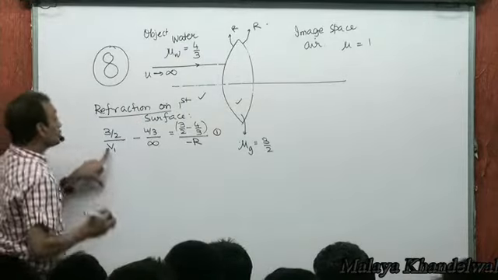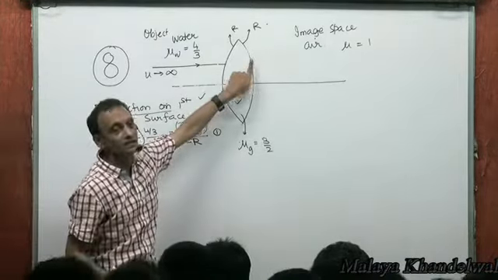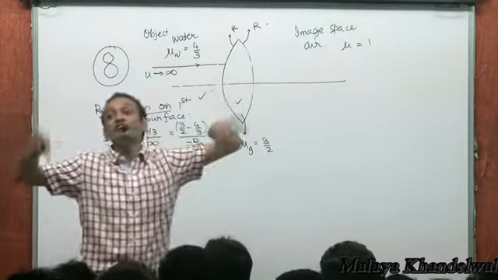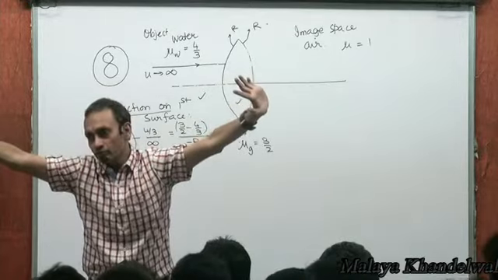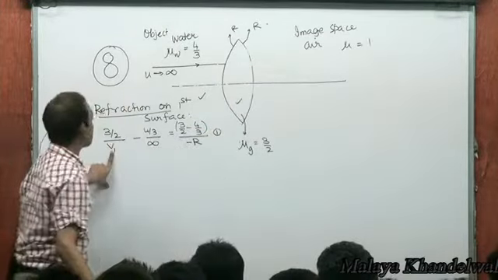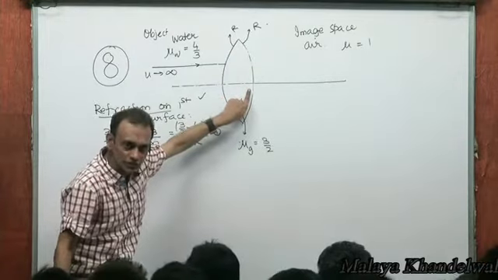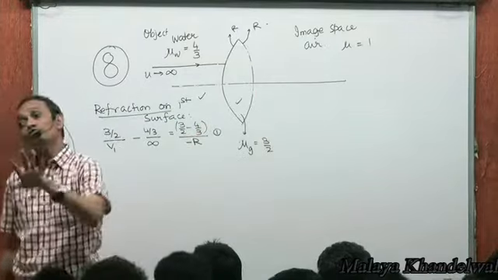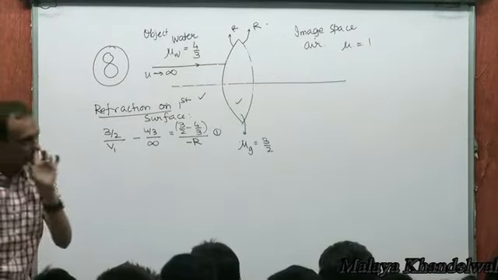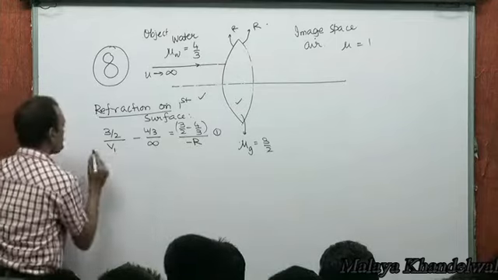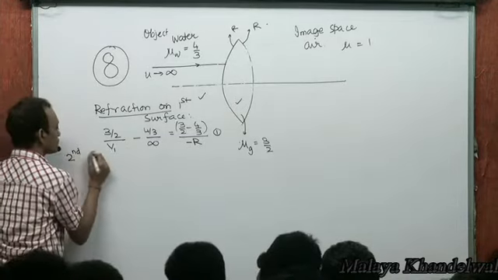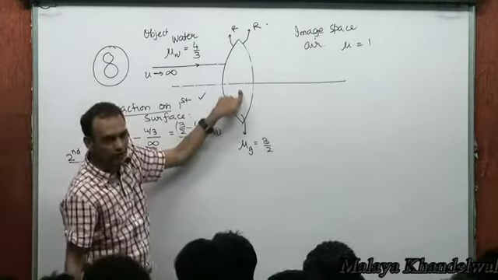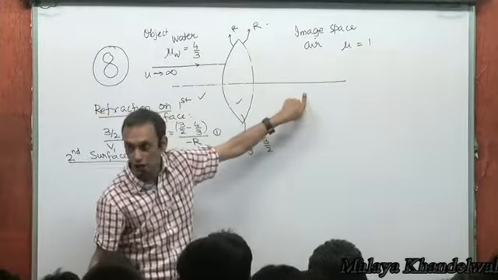Now this v1, wherever it is, will be a virtual object for the second refraction. And let's say v is where the final image is formed. v1 would be the object distance for refraction on this surface, and wherever the image of v1 is formed will be the focus. So, refraction on the second surface: this will become the object space and this will become the image space.